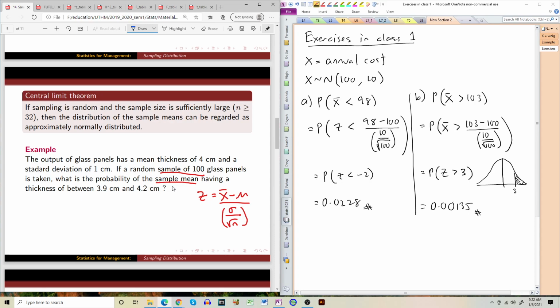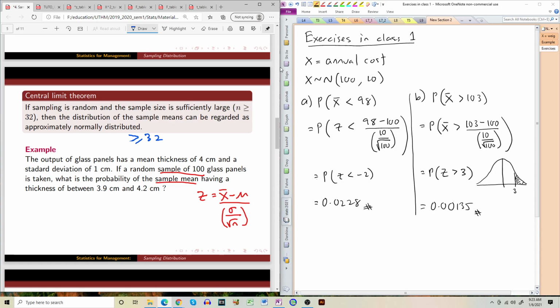What the theorem tells us: if the sampling is random and the sample size is sufficiently large, sufficiently large means the sample you pick for your experiment is more than or equal to 32. People have done some experiments. Some will tell 30, some will mention 32.